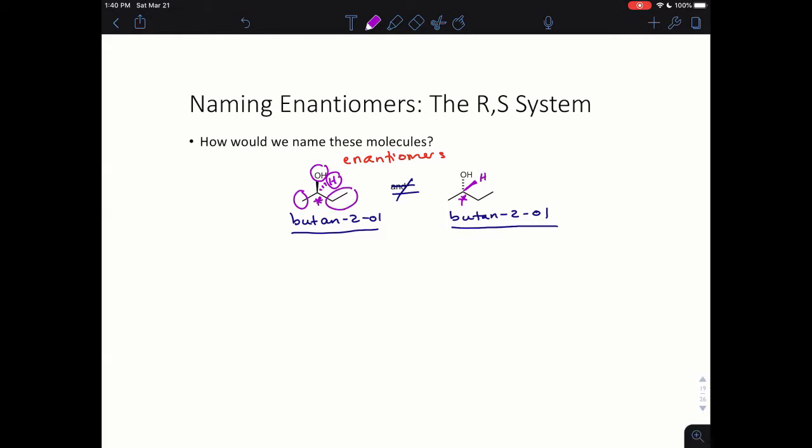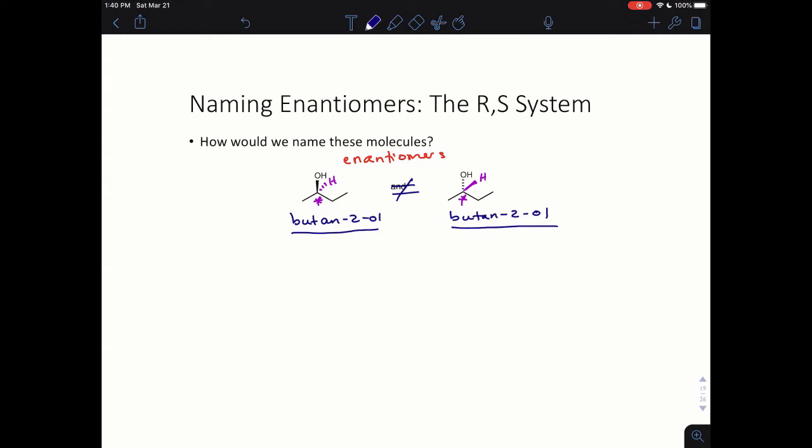And thus that carbon, having 4 different groups, basically takes away the possibility that this molecule may have an internal mirror plane, and thus it has the property of chirality and has an enantiomer, a non-superimposable mirror image. So these two molecules cannot have the same name. They are not the same.